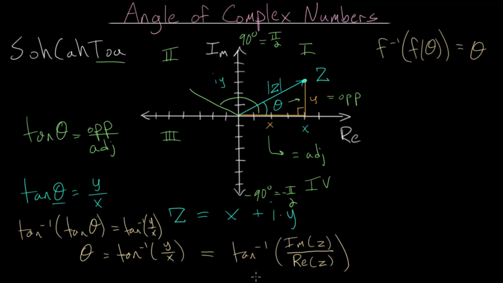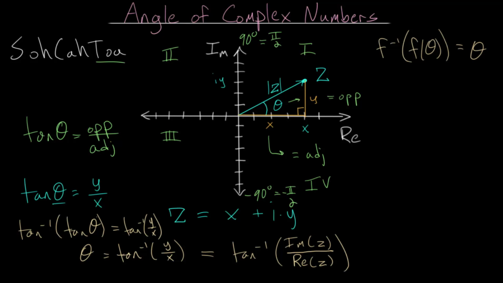And for that, we need to understand where our complex number is in the complex plane. And from that, we can use different formulas to figure out the actual angle. And those formulas are as follows.